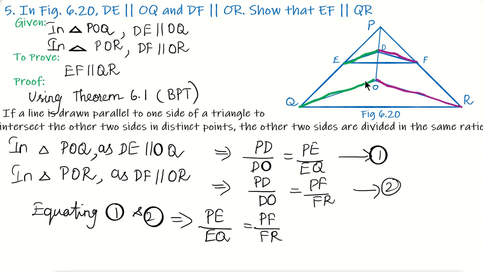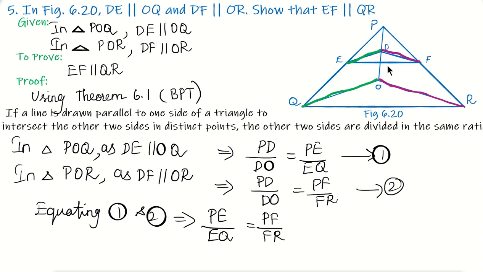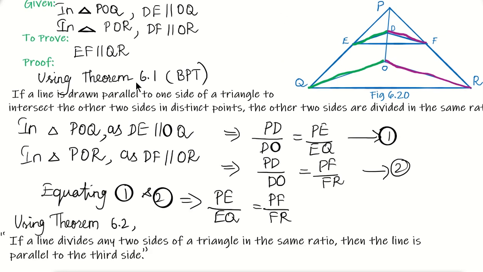அதாவது இந்த ரெண்டு ratios are equal அப்படின்னும் போது the bigger triangle நம்ம இப்ப consider பண்ண வேண்டியதா இருக்கு. In triangle PQR, the ratio of two sides are equal because of the line EF, so that we can apply the converse of theorem 6.1, which is theorem 6.2 here. Apply பண்ணும்போது என்ன ஆகுது, that is using converse of BPT theorem here.